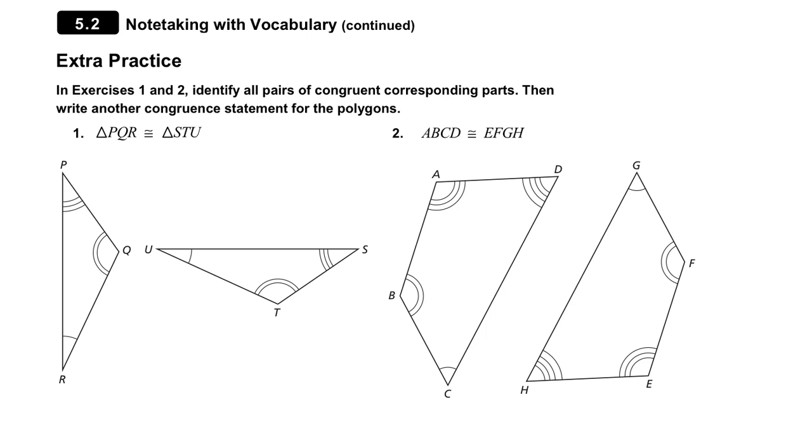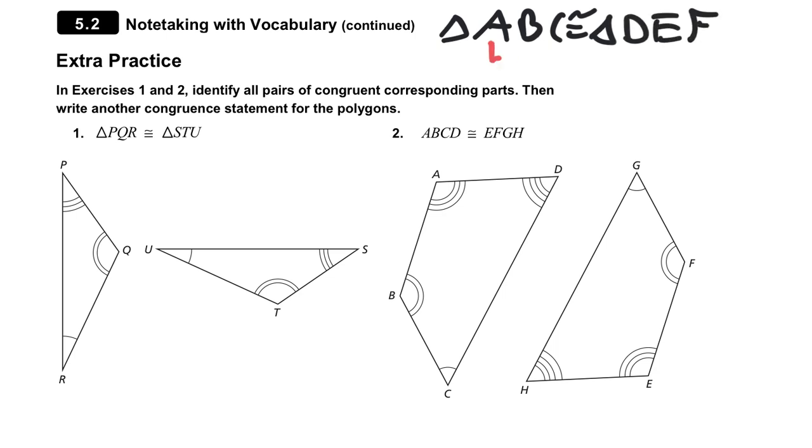When we have a naming convention, like triangle ABC is congruent to triangle DEF, naming matters because the first letter corresponds with the first letter, the second letter corresponds with the second, and the third has to correspond with the third. So when you are given a name, you don't really have to look at the shape to name all the parts. I'm not going to do all these because number two takes a long time.